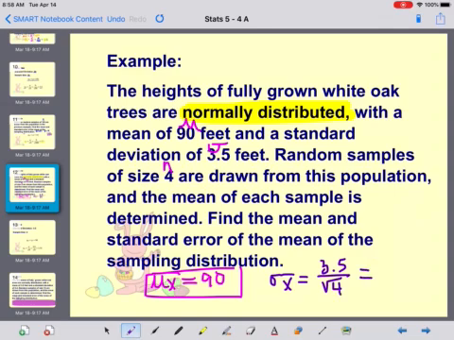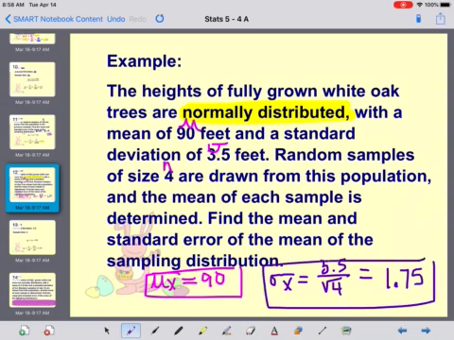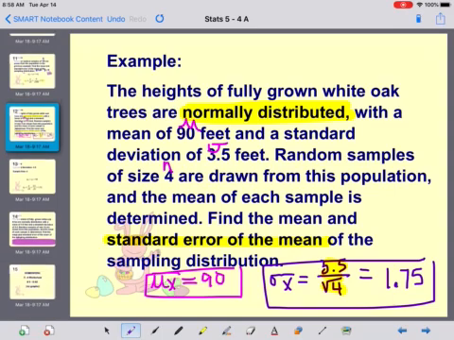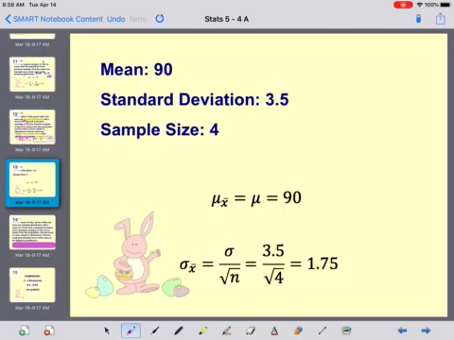My sample size was 4, so I'm taking 3.5 and dividing it by the square root of 4, which was 1.75. Done. It's not hard, you just have to know what they're asking. So if you see standard error of the mean, that's when you have to do this whole baby sigma divided by the square root of n.